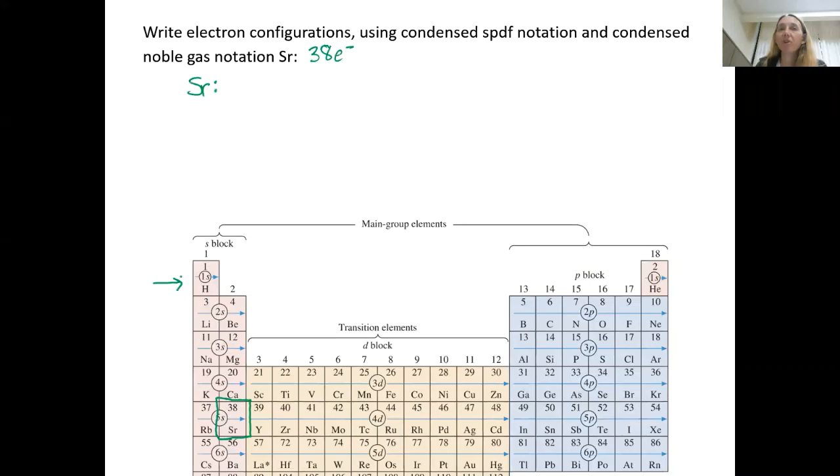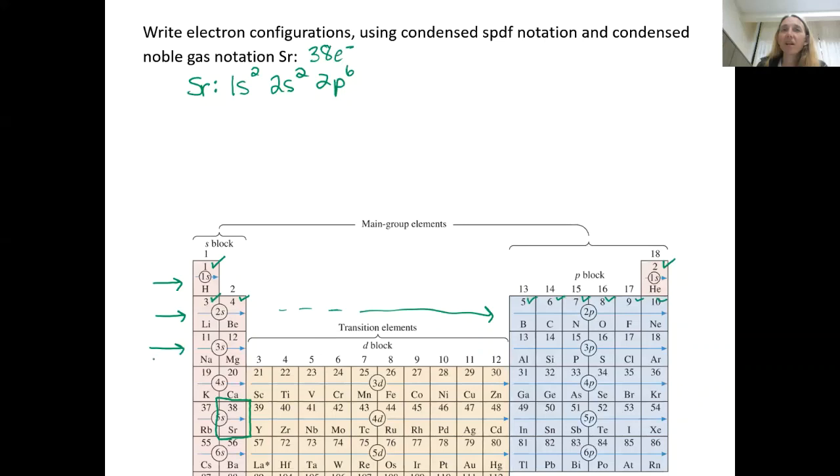First thing I have to do is fill that 1s orbital, and that 1s orbital has 2 electrons. Next, I go to the 2s orbital, which has 2 boxes. Next, I go across to the 2p orbital, and that 2p orbital has 6.